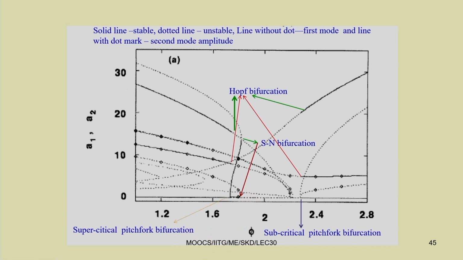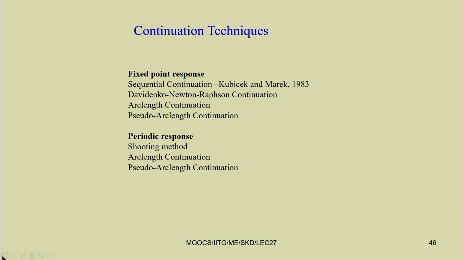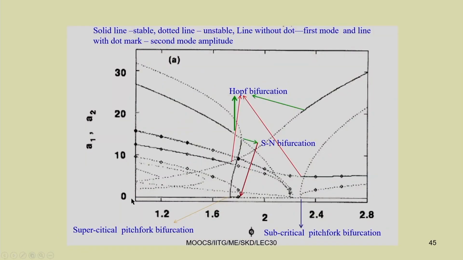Here for a particular value of omega n we can have multiple branch solutions, some of which may be stable and some unstable, and multiple bifurcation points too. Sometimes we can have the supercritical pitchfork bifurcation, subcritical pitchfork bifurcation, saddle node bifurcation and Hopf bifurcation. All these types of bifurcations we can observe in the trivial and non-trivial states of the system.